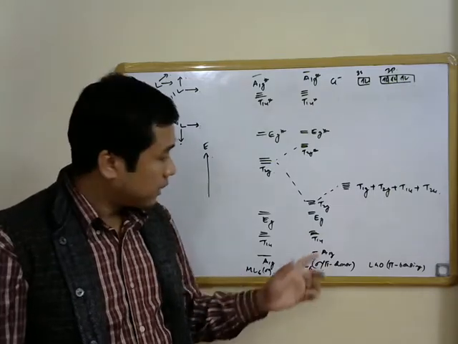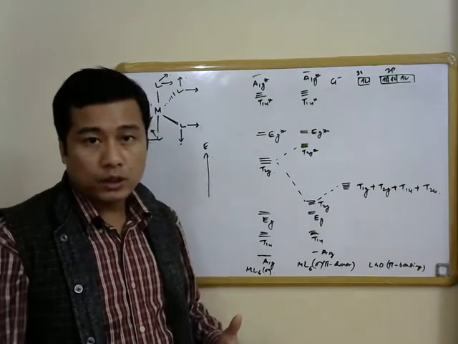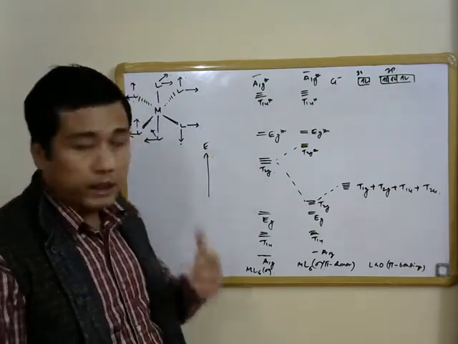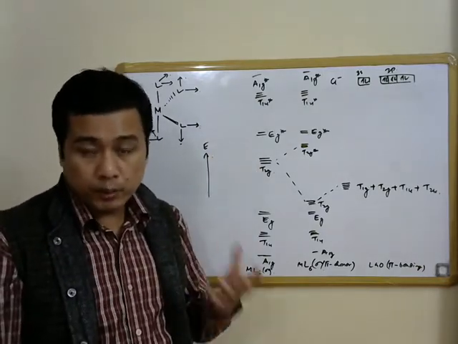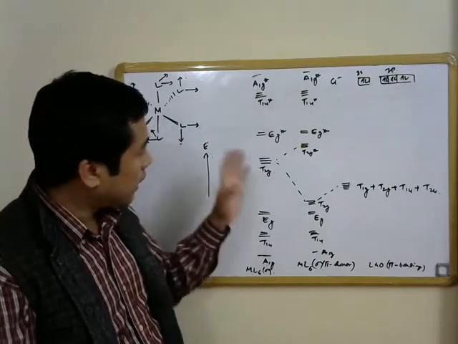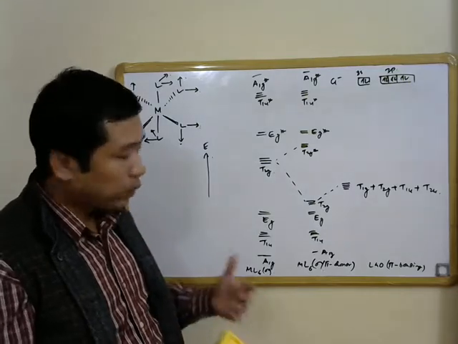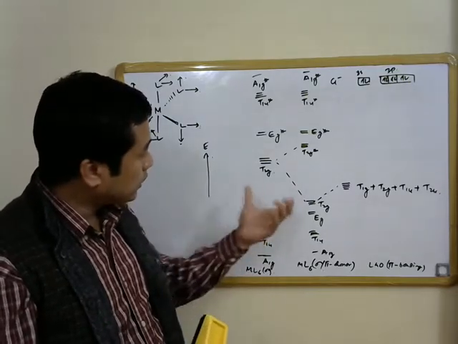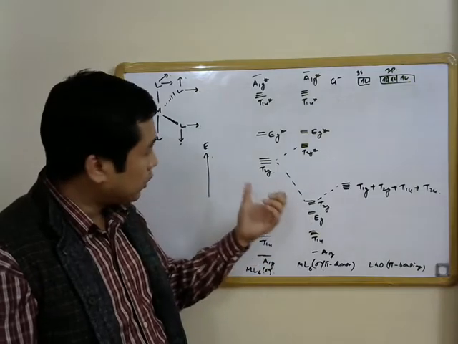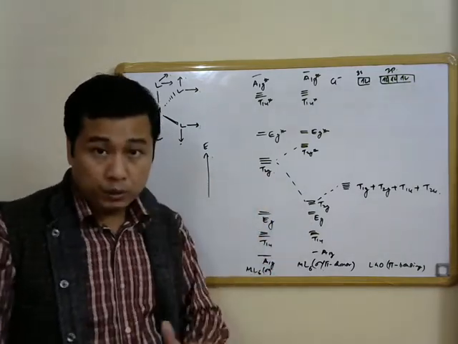So the participation of this atomic orbital of the metal of T1U symmetry, that is p orbitals, in pi bonding is going to be minimal, and our understanding of the bonding is going to be complete only by considering the interaction of the orbitals of T2G symmetry only.